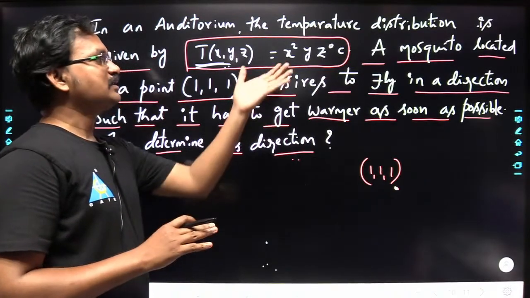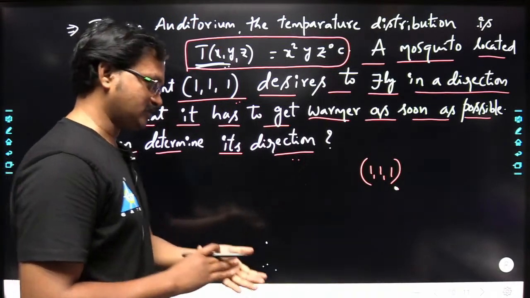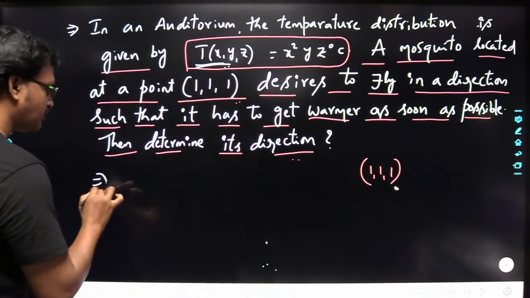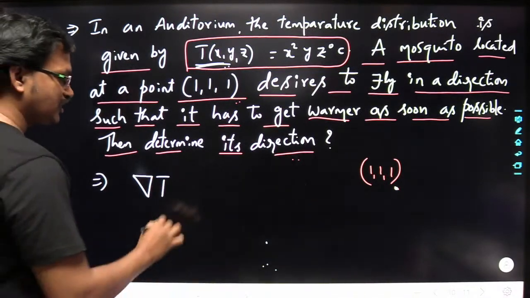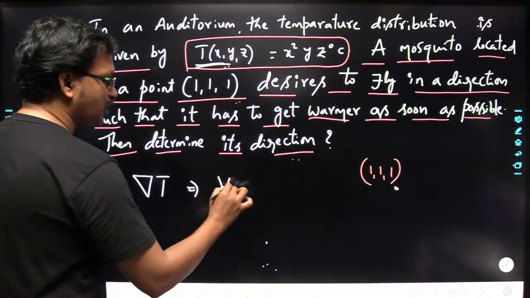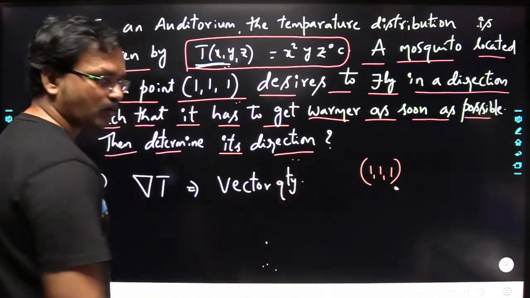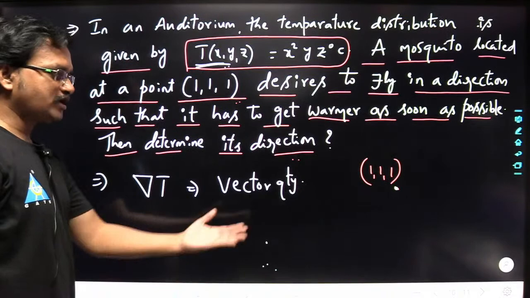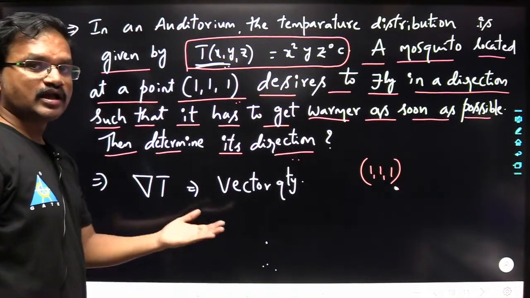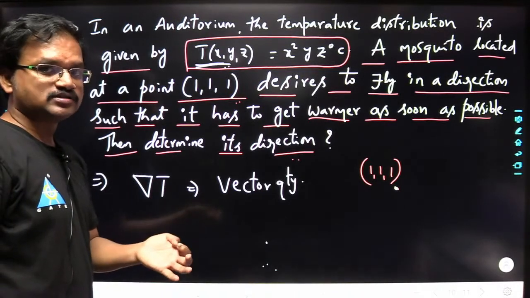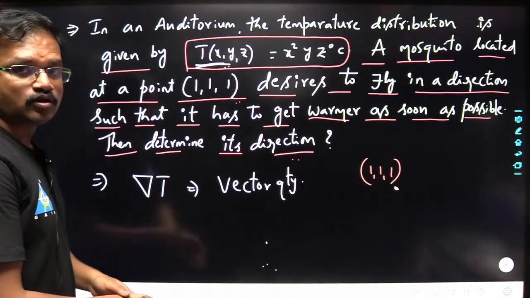Right. Now here they are asking only direction. So what you have to do? You have to determine gradient of T here. If you determine gradient of T, you are going to get a vector quantity. It is going to have both magnitude as well as direction. They are asking only direction. So that means you have to determine the unit vector.